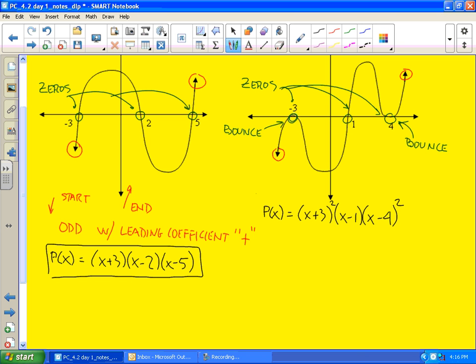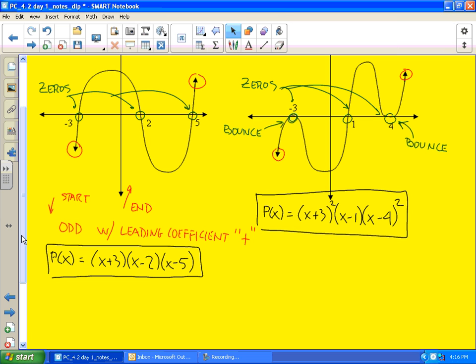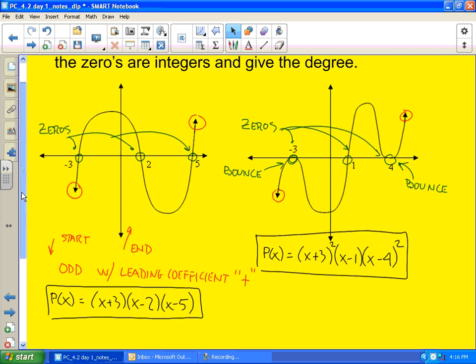And now I have my polynomial. So 5th degree, so it's an odd function, again, higher degree than the one on the left. Now it's bouncing off of those x-intercepts, so I have to remember to raise those to a power of 2. We're trying to write it as a least degree polynomial. It could have been a power of 4, but we're writing it as least degree, so we're going to just assume power of 2. And there we have it.